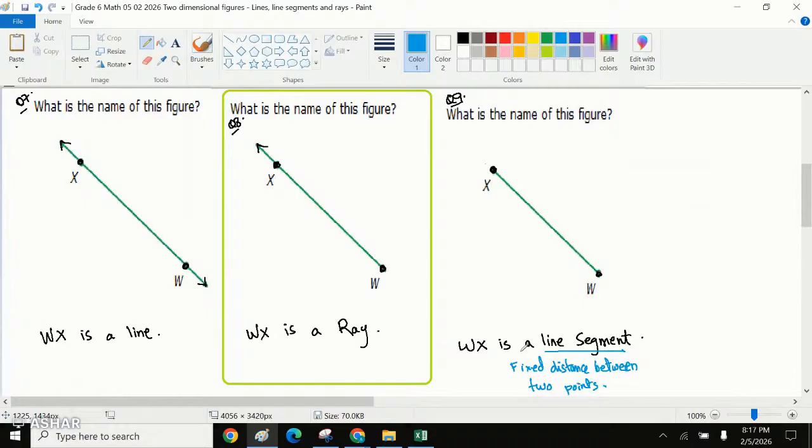For question number 9, because you have this, let's suppose if I say this was the starting point and this was the ending point, right? That means when you have the starting, initial, and the final point, then you can find the distance, right? So only in the case of line segment you can find the distance.